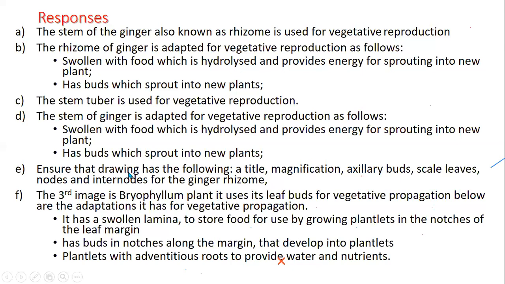And then when you make that drawing, like I said earlier, make sure it has a title. Make sure that it also has magnification, because someone needs to know what this thing you have drawn would probably look like in real life.